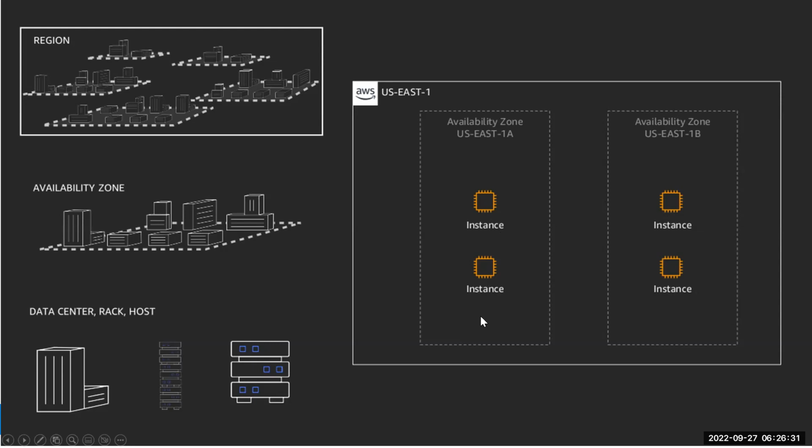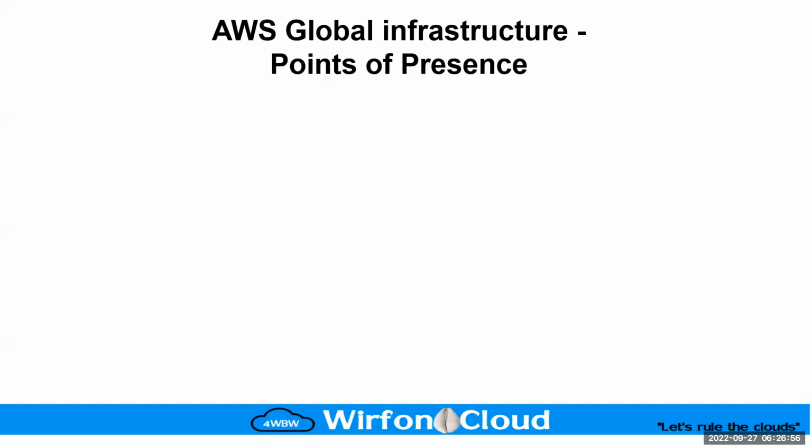You could launch these EC2 instances in this availability zone US1A, and launch another one in US1B. And we see these availability zones are found in the region US East 1.